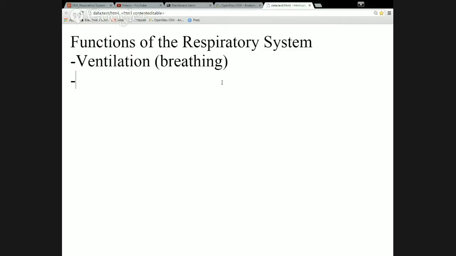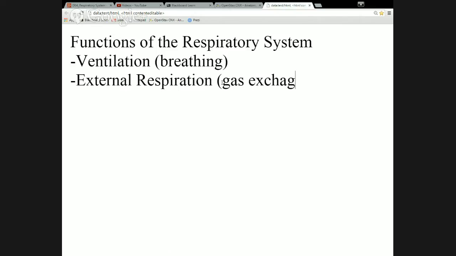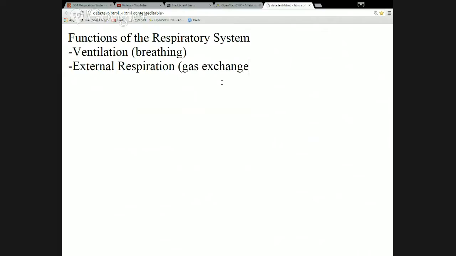And then there's external respiration, which is gas exchange between air and blood.